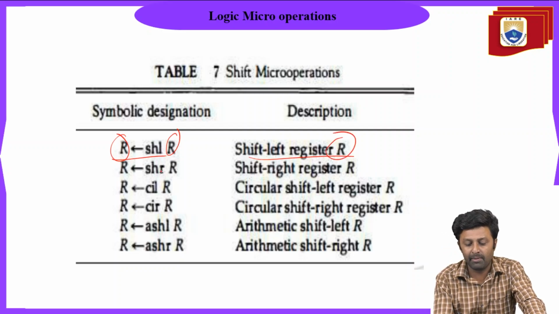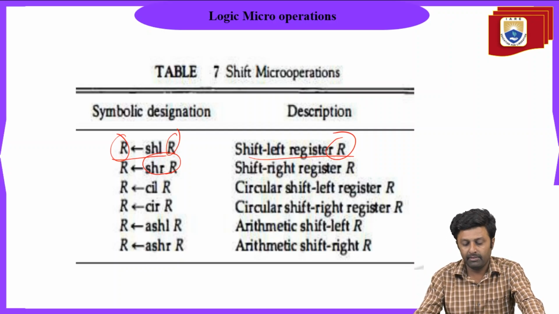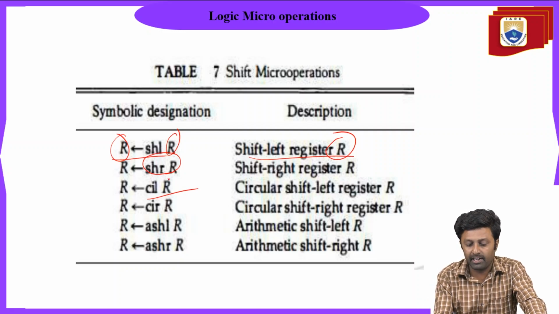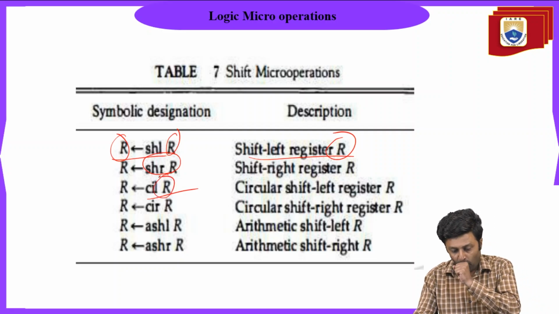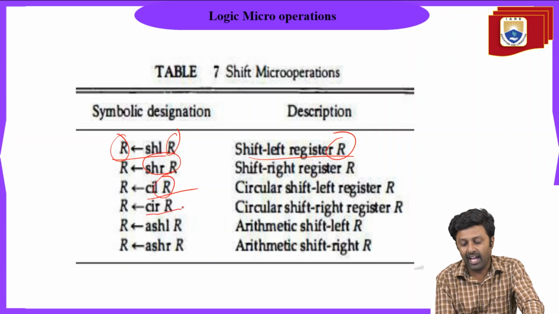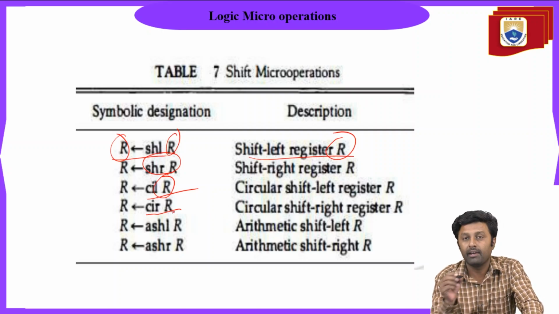Then SHR R means it will shift the content of the register right by 1. Then circular shift left means it will circularly shift the content of the register R left by 1. Then CIR R means it will circularly shift the value of R right by 1.